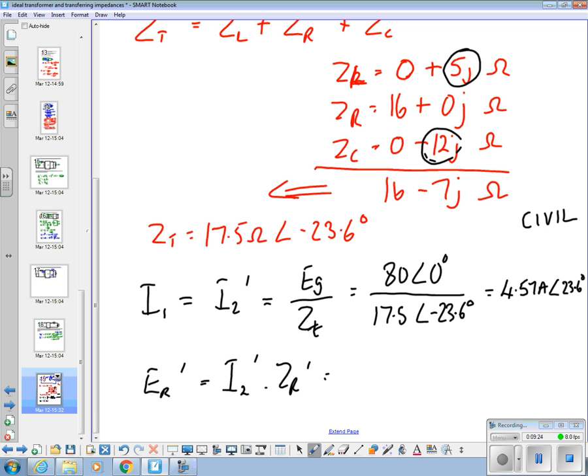That is 4.57 angle 23.6 multiplied by 16, wasn't it, the resistor? 16 angle 0.